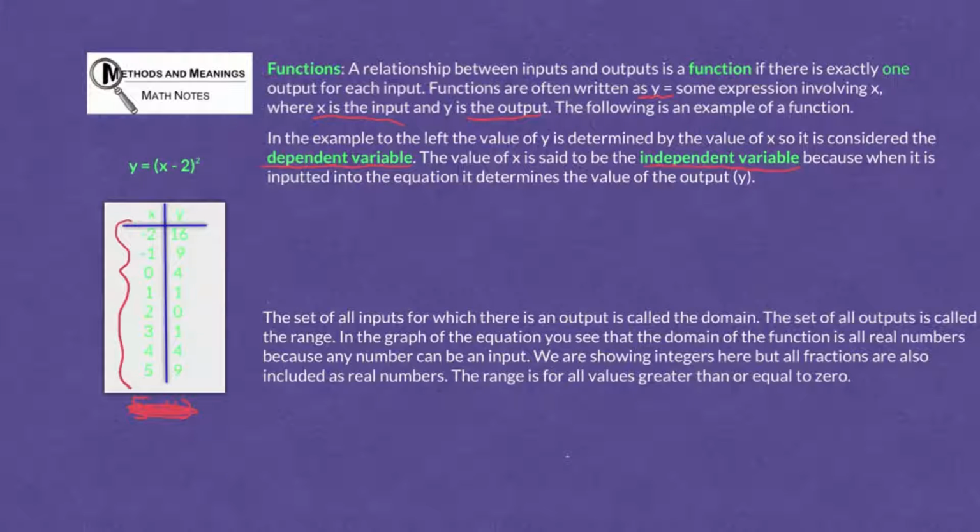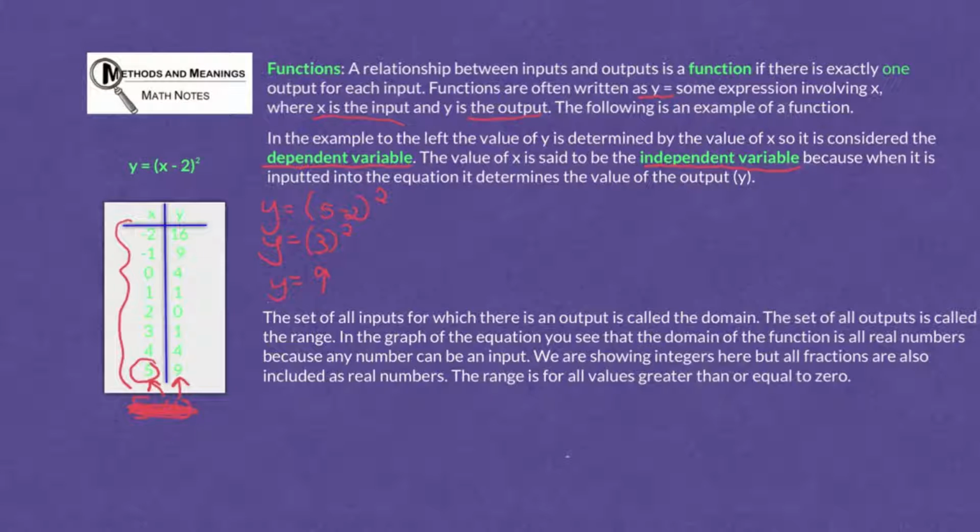So in our case, 5, when plugged into the equation, would be y equals 5 minus 2 squared. Then that would give you y equals 3 squared. So y would equal 9. So our input is 5, and our output is 9. That means that x determined what the y value was in this case, and that's where the independent and dependent variables come from.